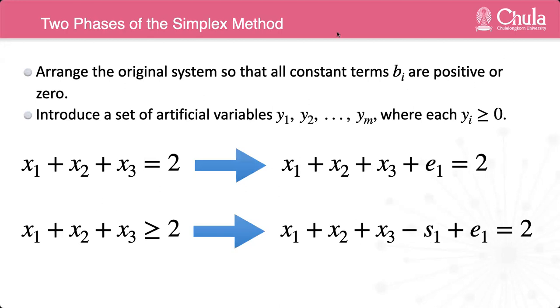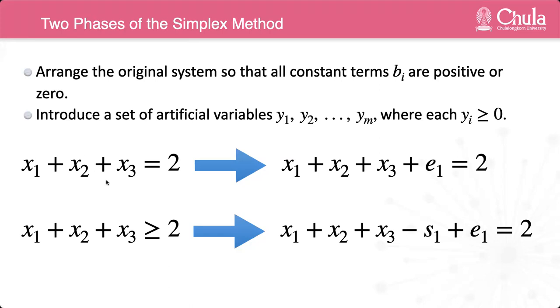The first step: we arrange the original system so that all constant terms, the right-hand side b, are positive or 0. Then introduce a set of artificial variables.